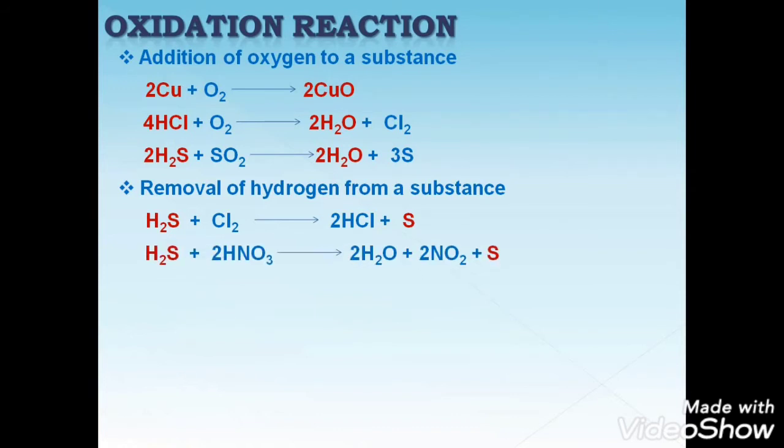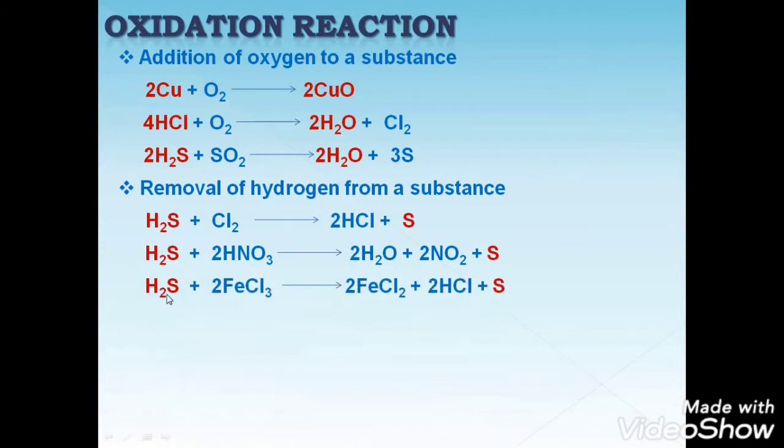We have another example again, hydrogen sulfide reacting with concentrated nitric acid, which will form water, nitrogen dioxide and sulfur. You can see on the reactant side it is hydrogen sulfide which will lose hydrogen and form sulfur on the product side.